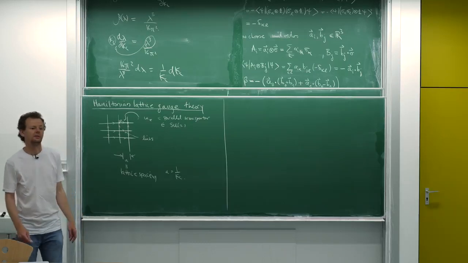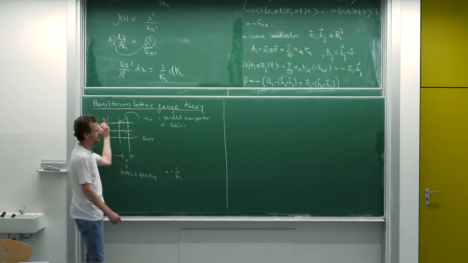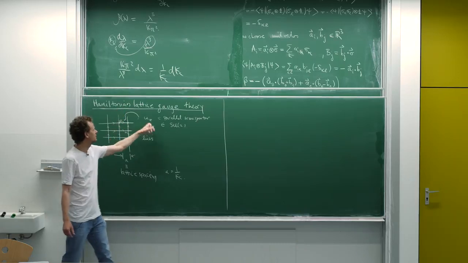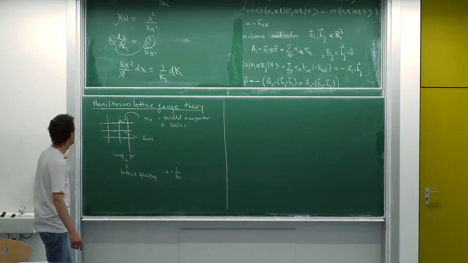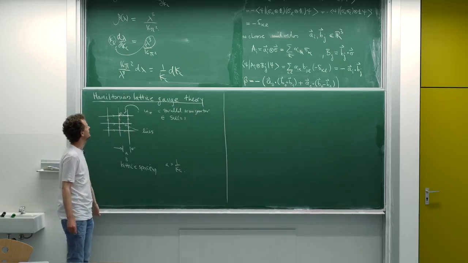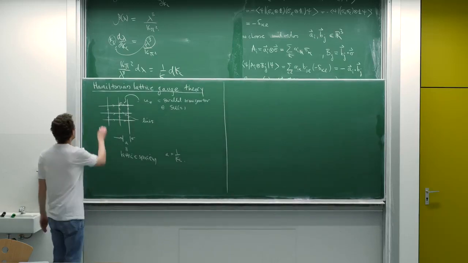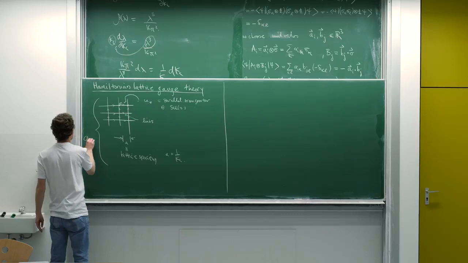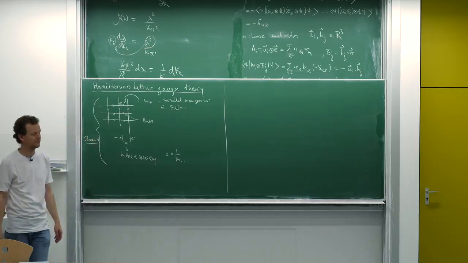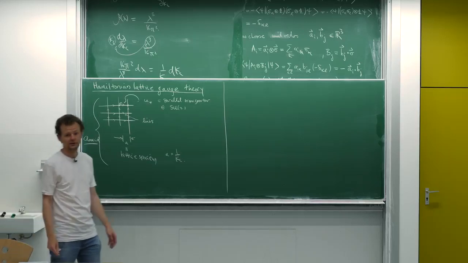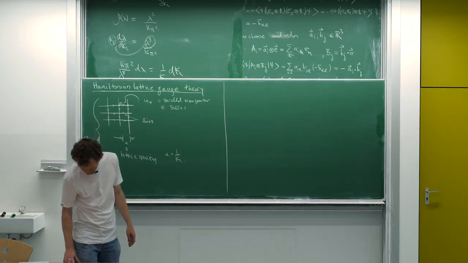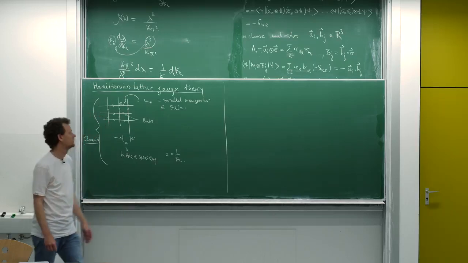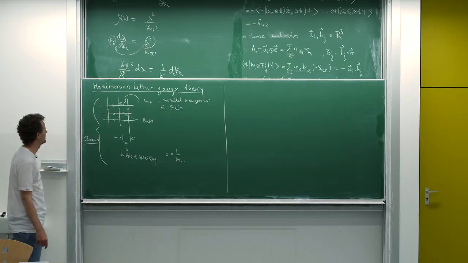And if you have 4 space-time dimensions, then you will have a 4-dimensional lattice, and you need a U for each link in this 4-dimensional lattice. Right? Easy, right? But that's the classical story. And while that is actually an interesting story, the classical theory is not entirely trivial, not by a long way, so there's a lot to learn even classically.